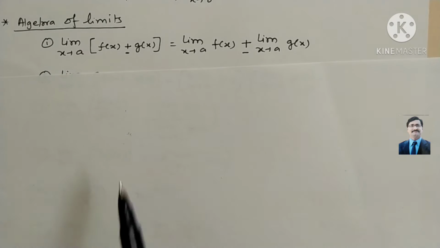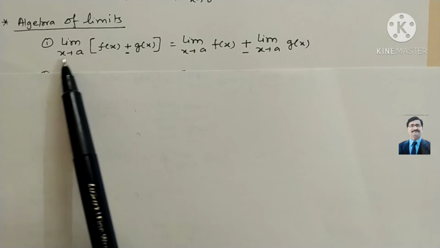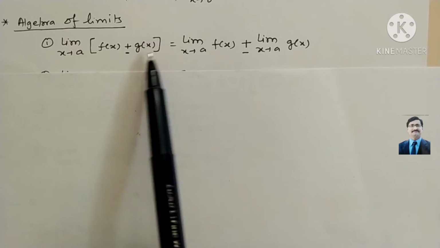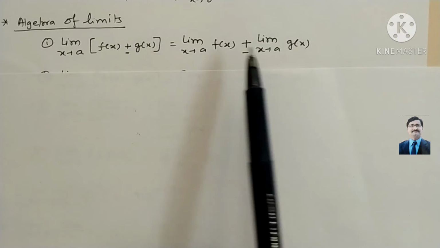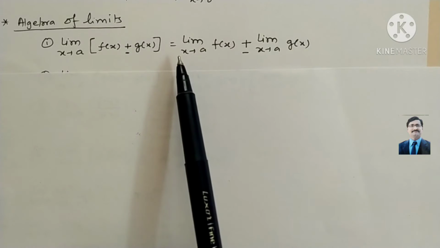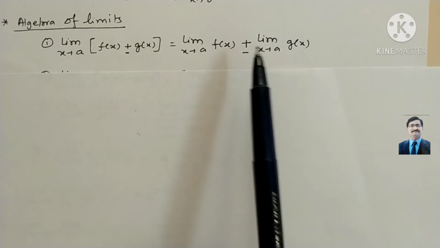Now we will do some algebra of limits. Here first is limit x tends to a of (f(x) plus or minus g(x)). This we can write as limit x tends to a of f(x) plus or minus limit x tends to a of g(x), meaning we can do the plus or minus separately.